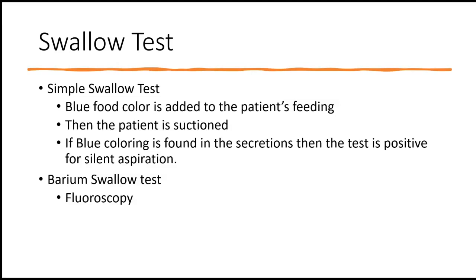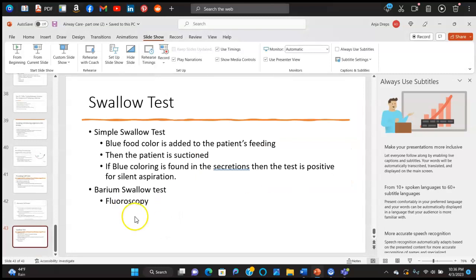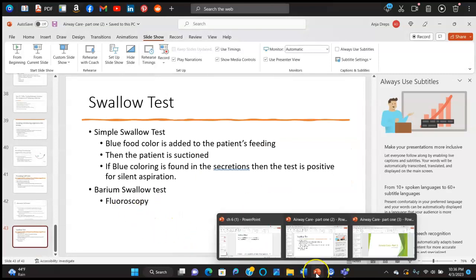It is pretty interesting how many different techniques speech therapy has to help patients, even if they're having some aspiration problems, improve their swallowing so that they can still eat without risk of infection.